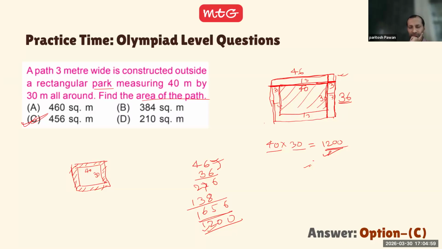Okay, sir, I understood. Sweta, tell me. Sir, can we first calculate the perimeter of the inner one? Perimeter would not be required, because it's asking area, beta. It is asking area.